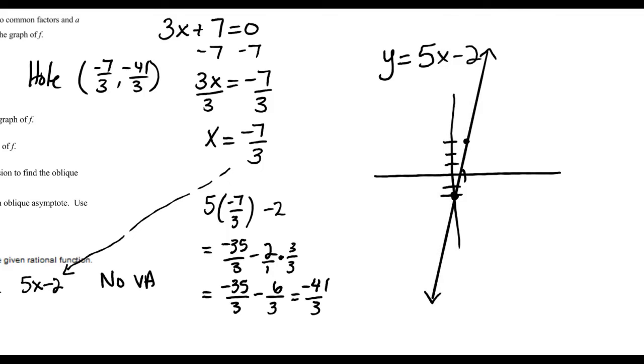But that hole in the graph is going to occur at negative 7/3, which is negative 2 1/3, about here. So let me continue that line a little bit further. At that point, negative 2 1/3, about right here, we get a hole or a gap in the graph.